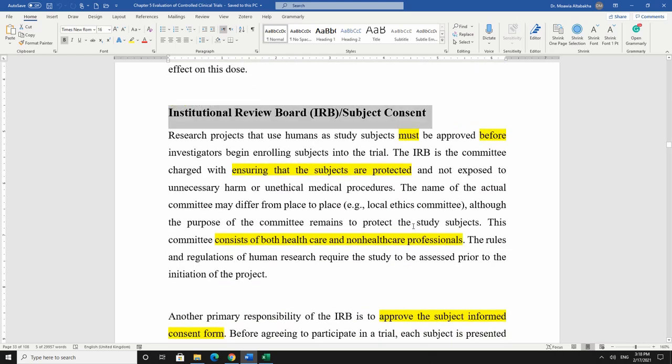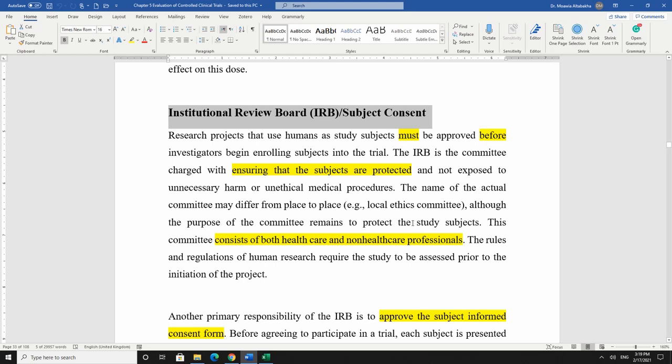Okay, Institutional Review Board and Subject Consent Form. Now, before you start your clinical trial and before you recruit any subject, you should apply for ethical approval.